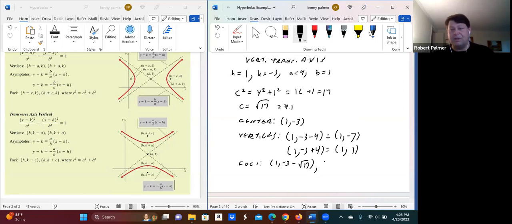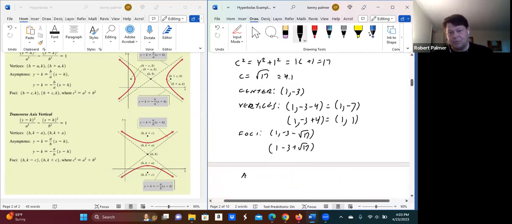Okay, actually, we'll just leave it like that for now. That is exact, and you can approximate that. And then the other one is 1, and then k plus c, so negative 3 plus the square root of 17.